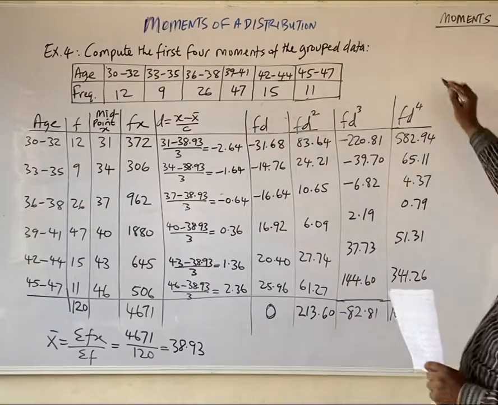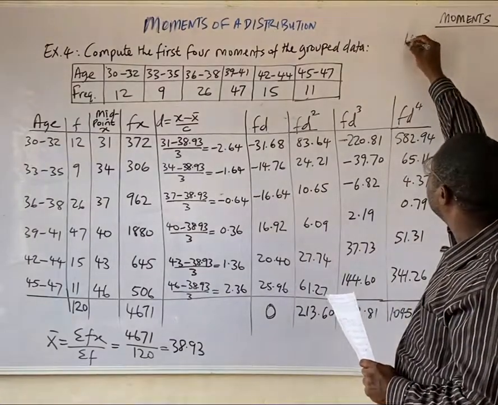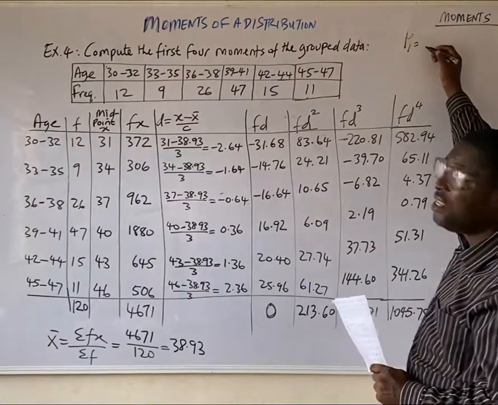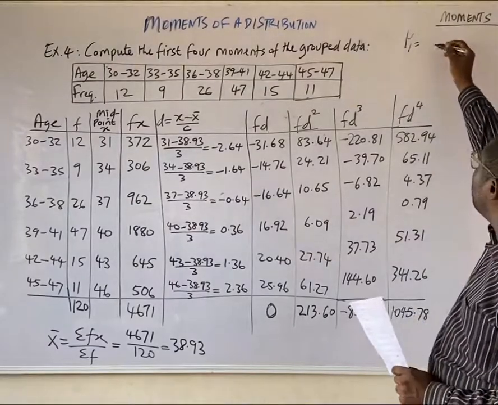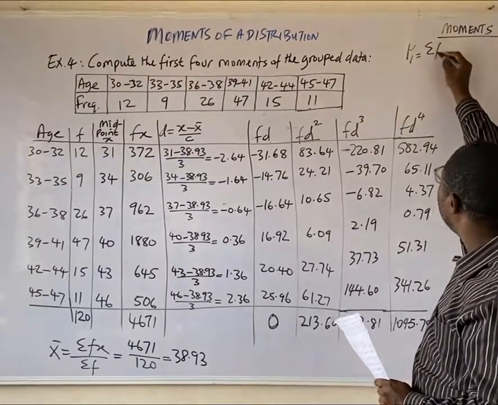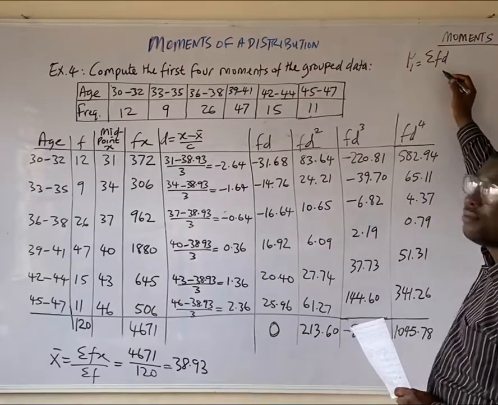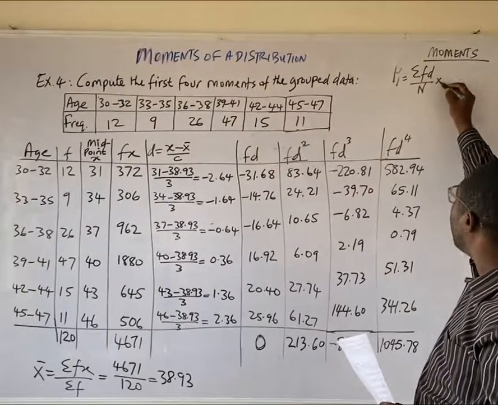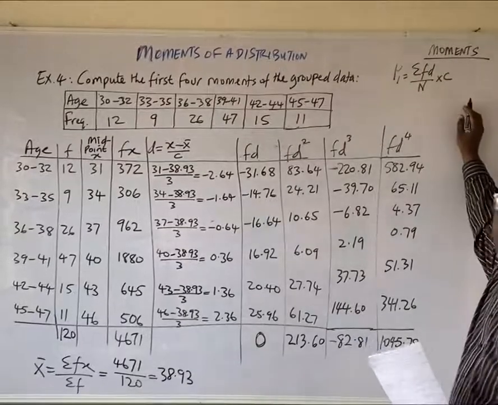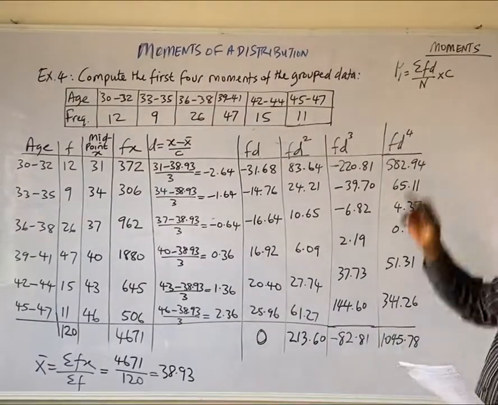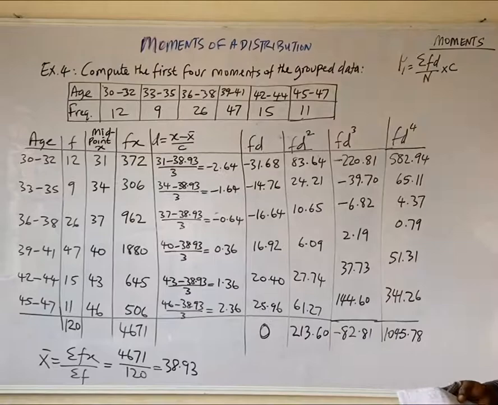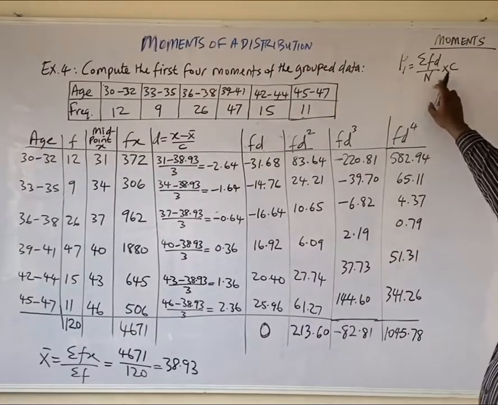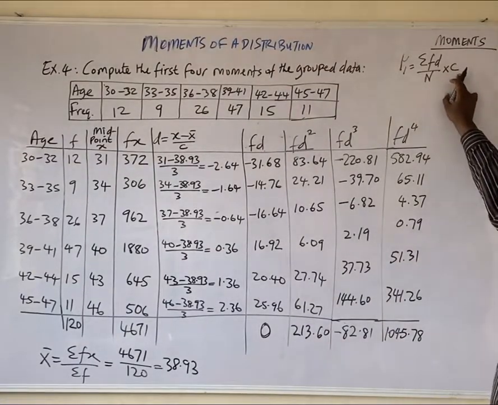The first moment is given as summation FD all over n times the class size.